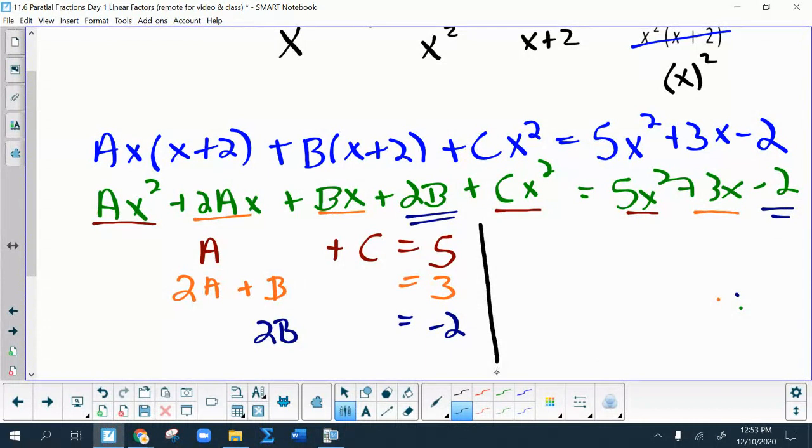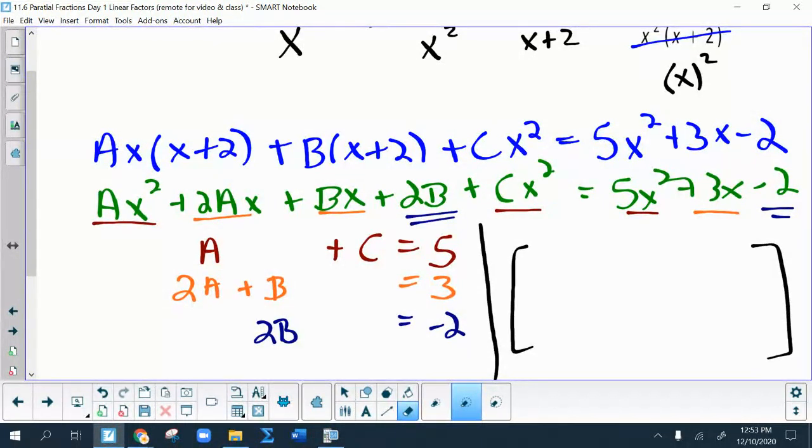But I also want to show you how this works on the calculator or with matrices here. So this would now be a 3 by 4 matrix, 3 rows, 4 columns. The first column would be the A, the second would be the B, the third would be the C, and the fourth would be the answers. And then we go by row, right?